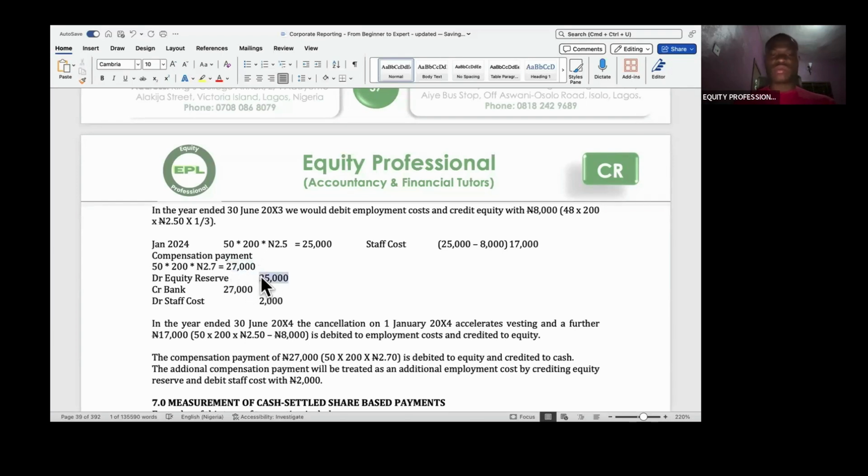So while we cancel out this reserve, the 25,000 option value that we have accumulated, which is what we need to pay these employees, we have agreed to pay them 27,000, more than that. So there's an additional cost that we're going to debit to P&L as staff cost. Okay, so that is cancellation. It results in acceleration of vesting at the date of cancellation, meaning that we're going to recognize the entire value.